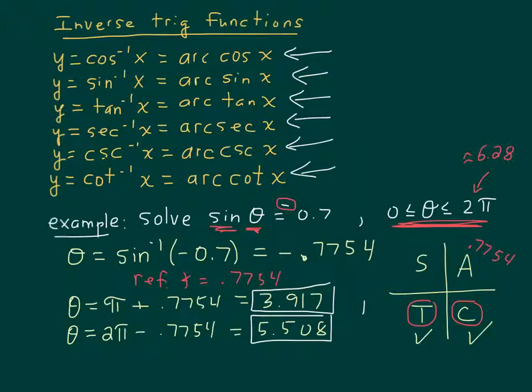We don't want to use our original answer of negative 0.7754 because notice up here our domain is dealing with positive angles between 0 and 2 pi, or in other words between 0 and approximately 6.28. So this negative 0.7754 is really the 4th quadrant angle of 5.508.